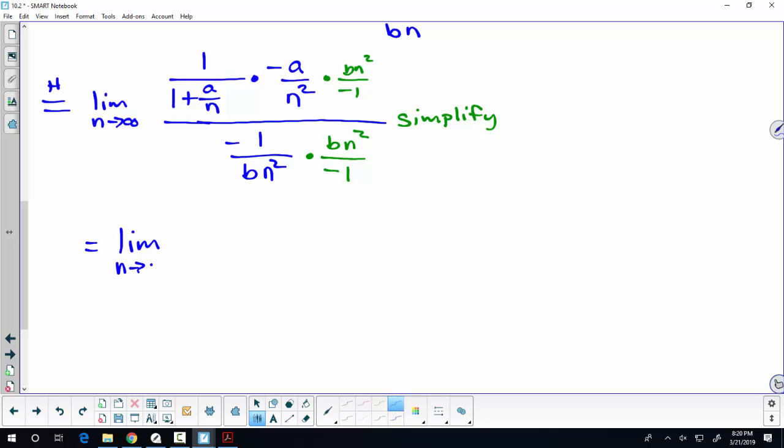Simplifying, what do we get? We get negative ab n squared over... it'll just be positive ab n squared over, so the n squareds go out, and then we still have this right here.